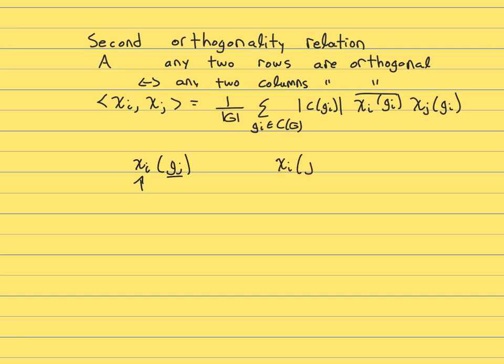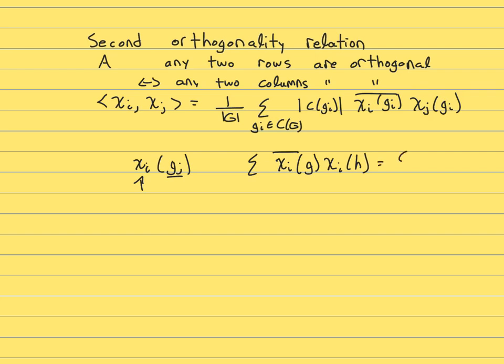Well, you've got two different group elements, but the same character. Multiplying by the conjugacy class just means we should be multiplying by the conjugacy class of one of them or both of them, but we'll ignore that and ignore the G for right now.